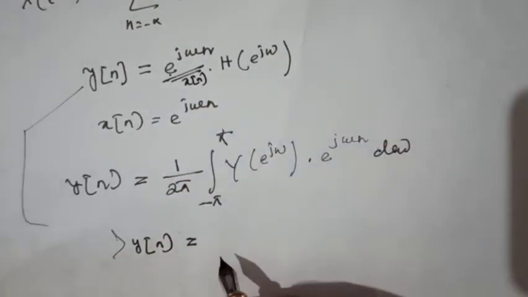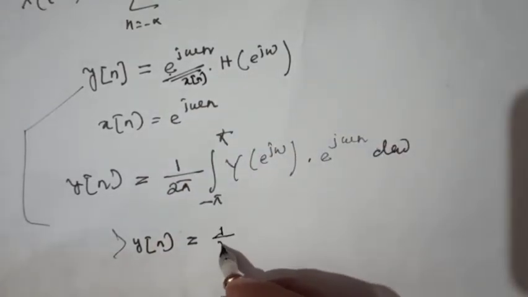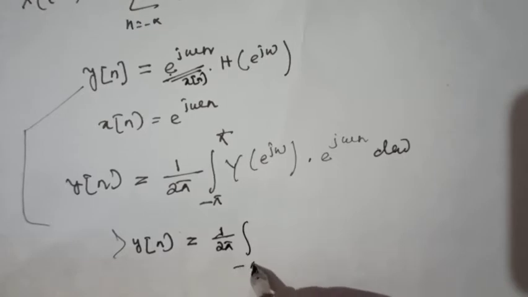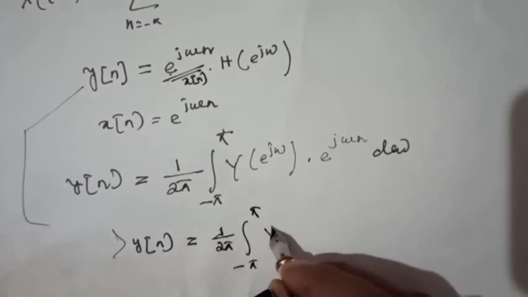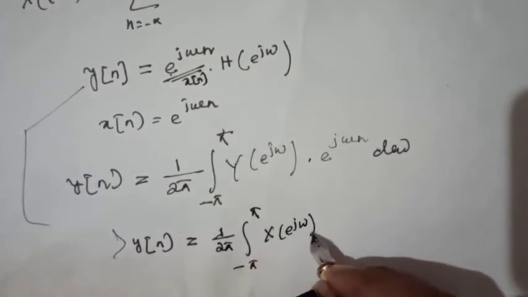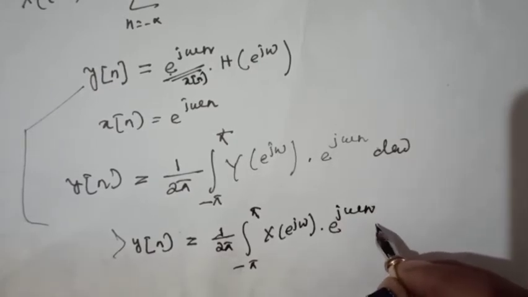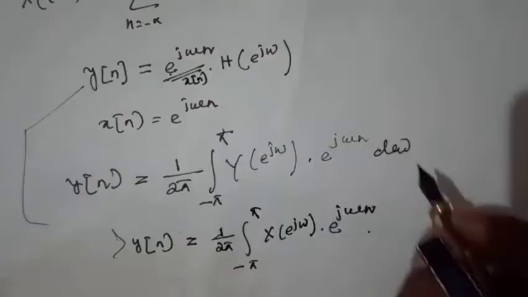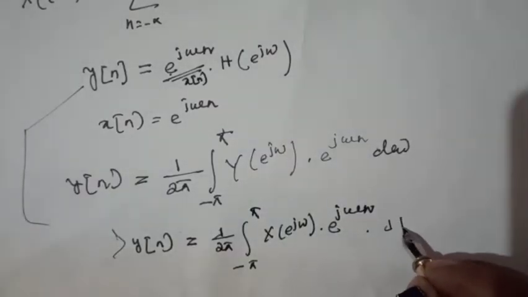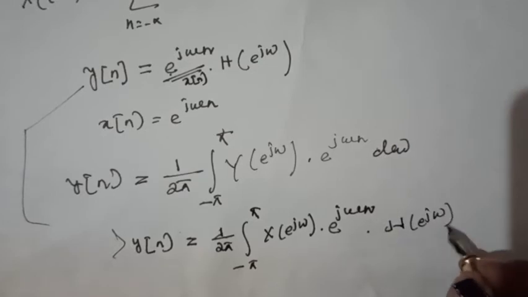For this input x of n you just write the IDFT formula, which is 1 by 2 pi integral from minus pi to pi of X of e to the power j omega into e to the power j omega n d omega, into h of e to the power j omega.